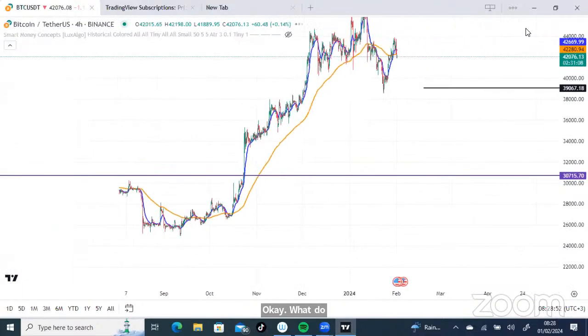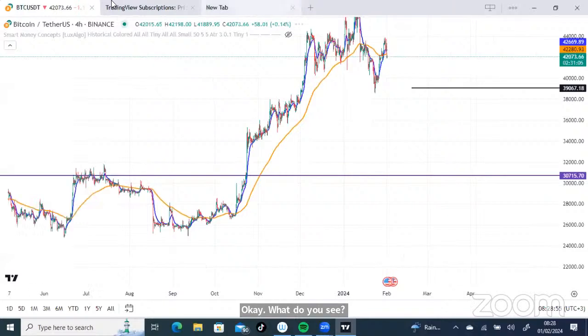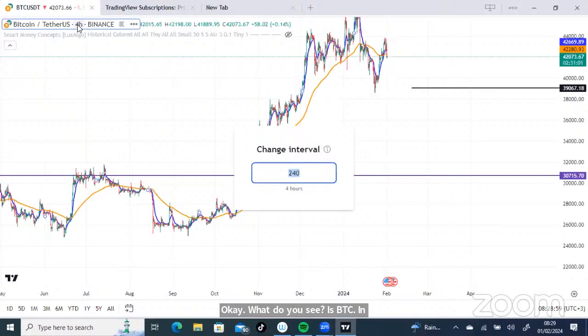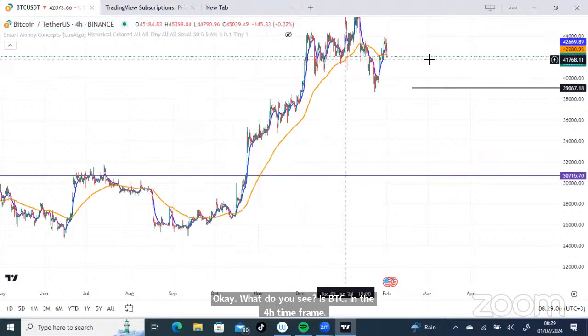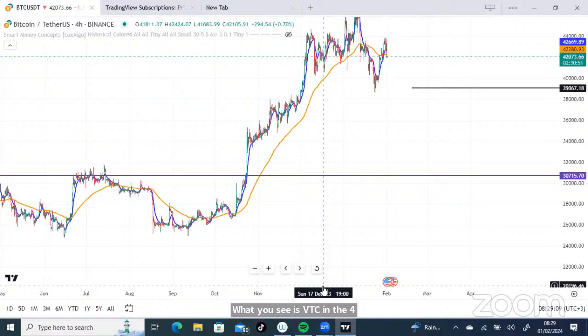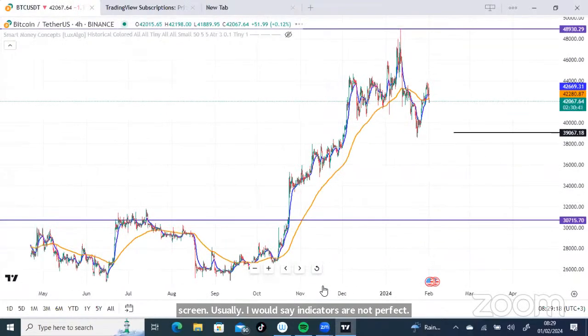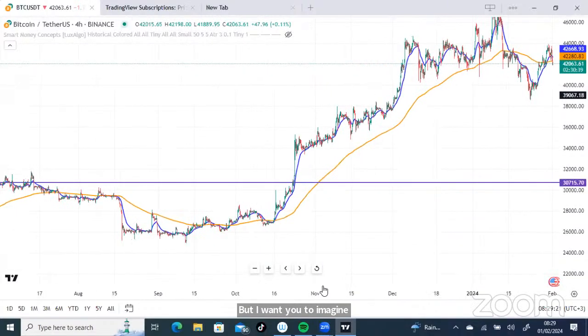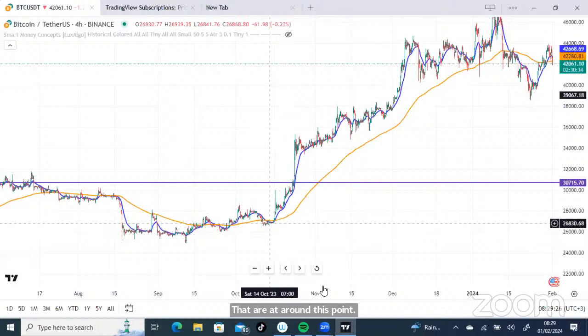What you see is BTC in the 4-hour time frame on your screen. Usually, I would say indicators are not perfect, but I want you to imagine that at around this point, it's when BTC made a crossover.